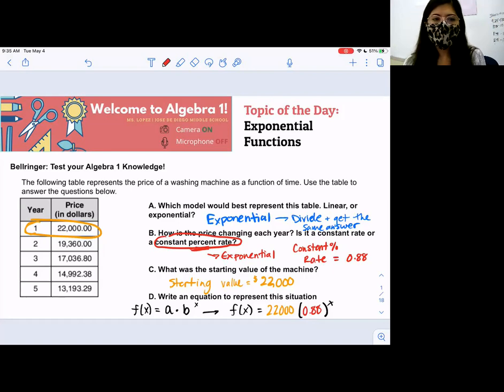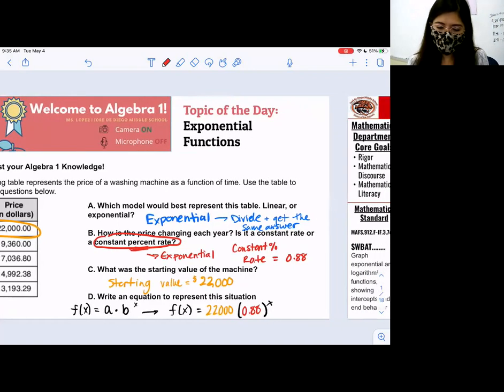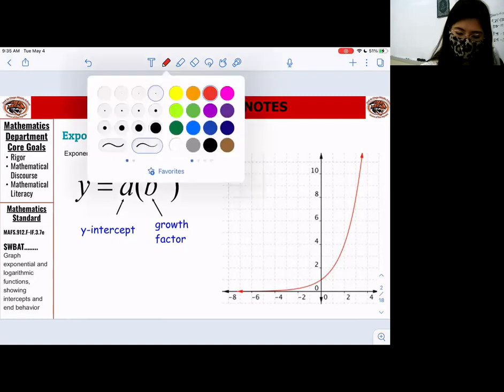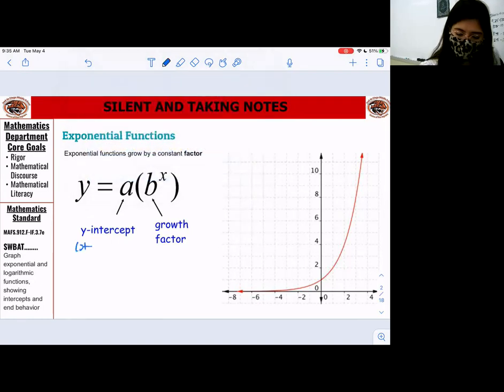Okay, cool. So let's get going with the review. So like I just said, this is how we write exponential functions. So A is the y-intercept, or sometimes we can say that that's the starting value. And B is always the growth factor, which is also called the percent rate.